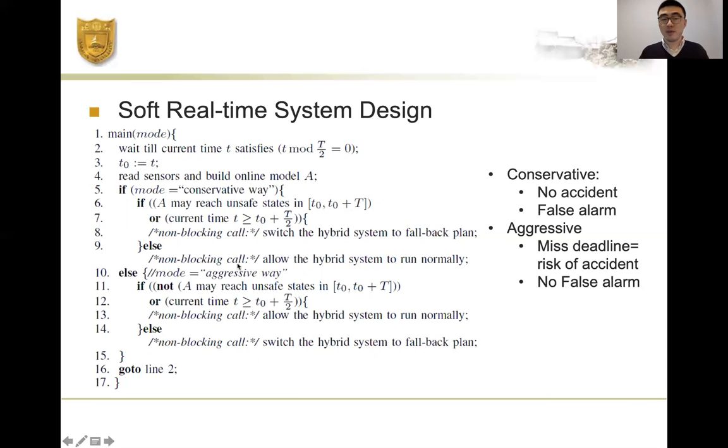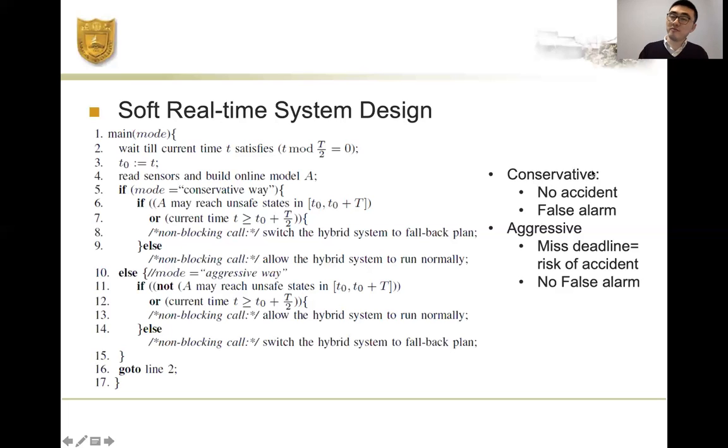Else, if you do the aggressive way, if it may reach the unsafe state space in this time unit, or it may not reach the unsafe state space, that means it's safe. Or the current time t is not there, that means we have not finished the checking, but I choose to face the risk. Then allow the system to run. Else, we switch the system to the fallback plan.